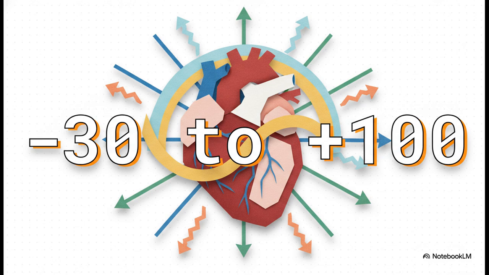Let's stick with that frontal plane for just a sec. We use a hexaxial diagram to track the electricity here, and the normal QRS axis ranges from -30 degrees to +100 degrees. That number is our anchor. It essentially tells us the average overarching direction the electricity is flowing during a normal, healthy beat. If the axis falls outside that specific range, well, boom, we instantly know the current is going somewhere it definitely shouldn't be.